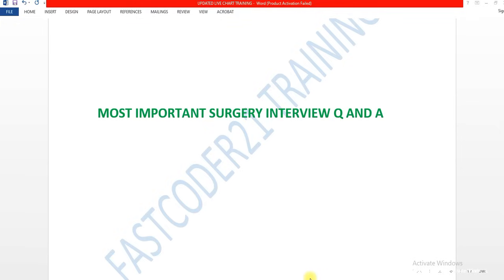The PT modifier is used for Medicare payers. For non-Medicare, we will use 33. PT is used when a diagnostic colonoscopy is converted to therapeutic. Based on payer, that is a little bit correct.